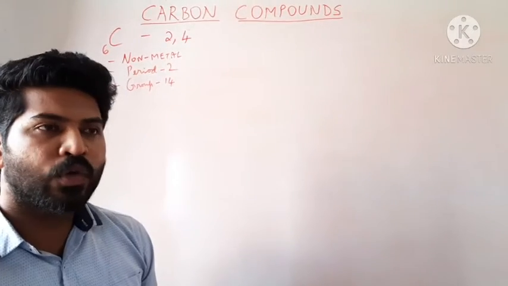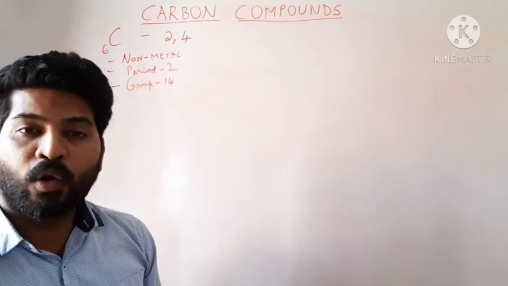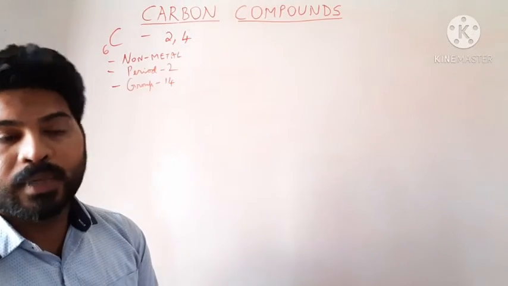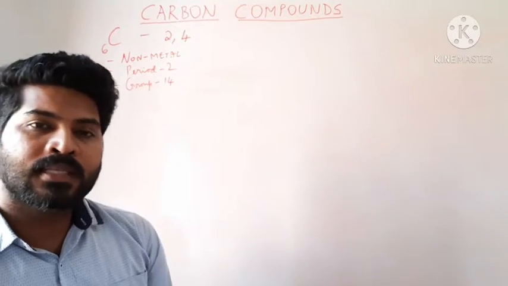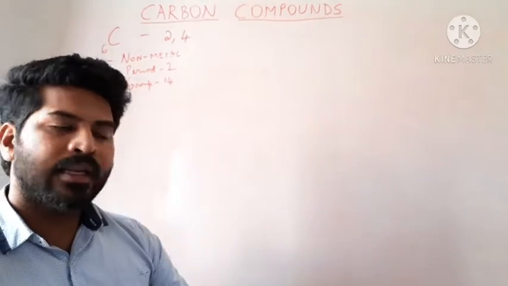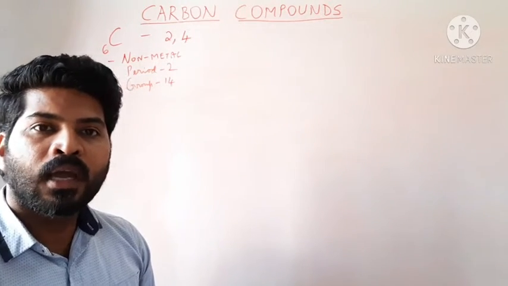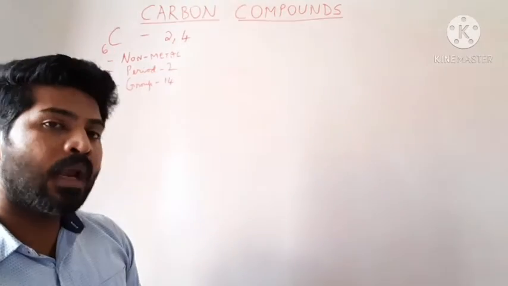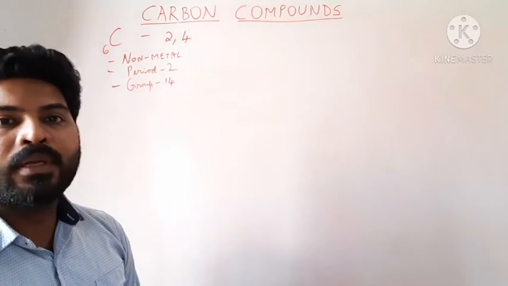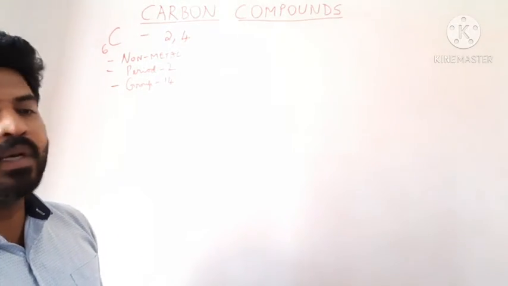In the atmosphere, carbon is present around 0.03% as carbon dioxide, carbon monoxide, etc. Whereas on land, carbon is mostly found as carbonates and bicarbonates. Most of the carbon is trapped in water, once again as carbonates and bicarbonates.